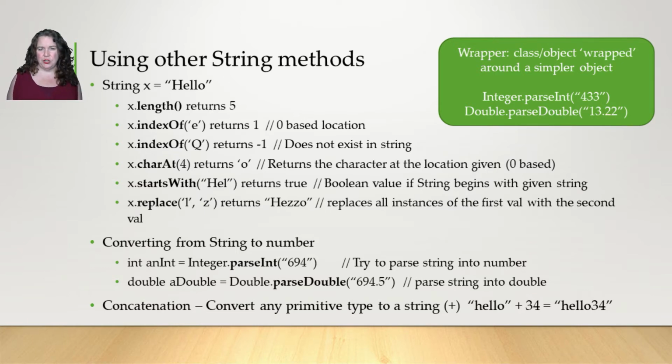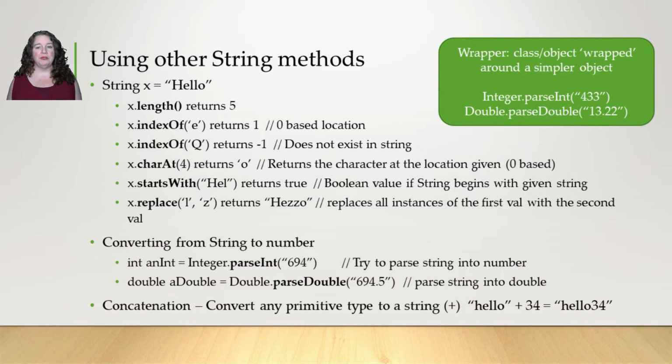The last thing you can do with string methods is convert any primitive type to a string by concatenating it with a string. So if we have a primitive type like the number 34 and we want to concatenate that with the word hello, we can just turn 34 into a string that is concatenated. It will immediately convert the primitive type into a string.